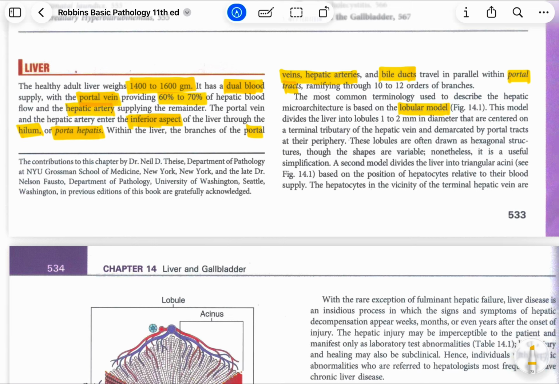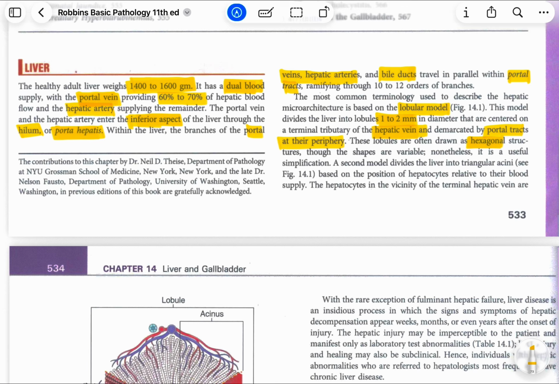This model divides the liver into lobules 1 to 2 mm in diameter, centered on a terminal tributary of the hepatic vein and demarcated by portal tracts at the periphery. So portal tracts are at the periphery, and in the center there is the hepatic vein. These lobules are often drawn as hexagonal structures, though the shapes are often variable. It is useful for simplification.